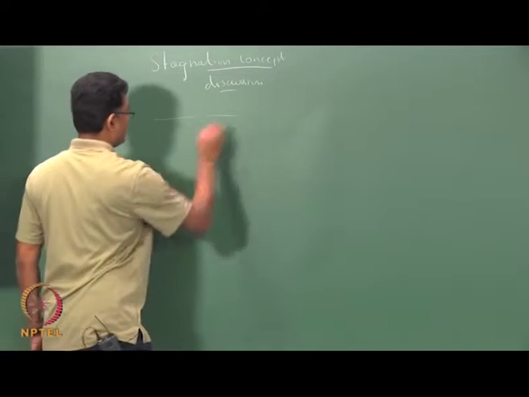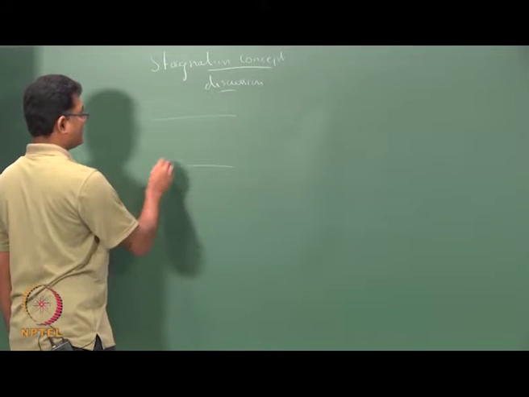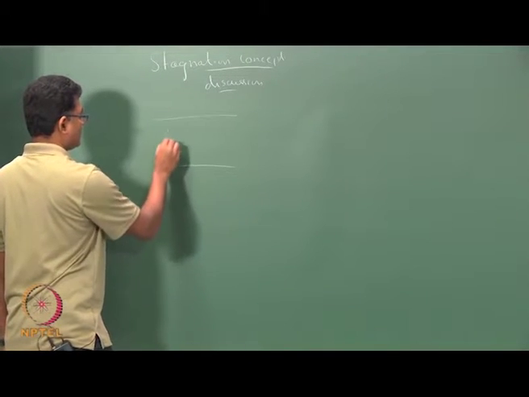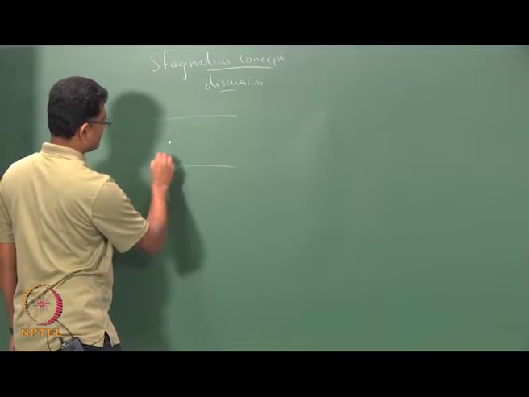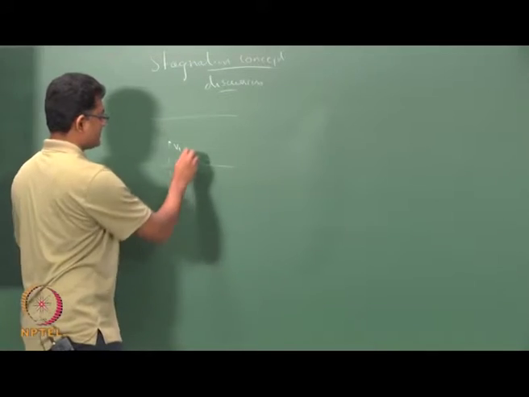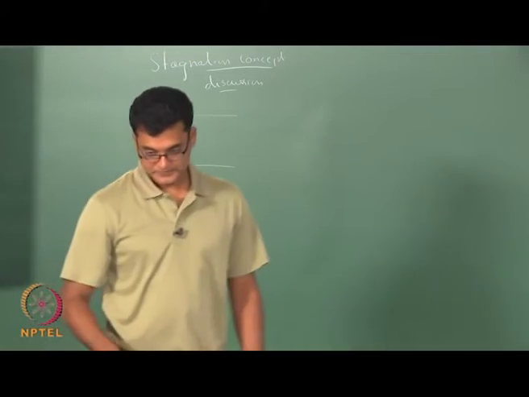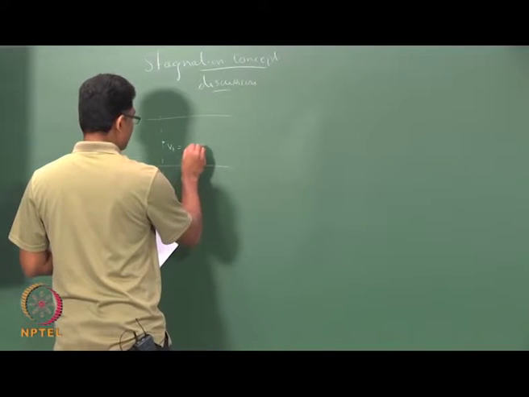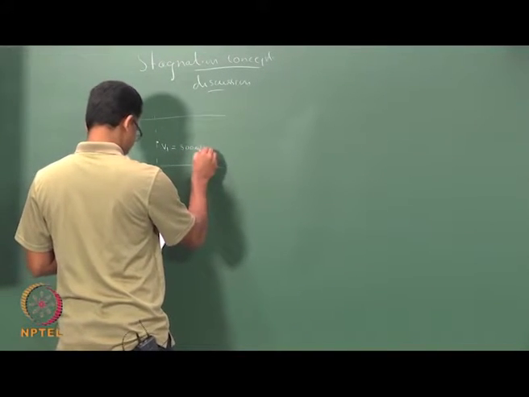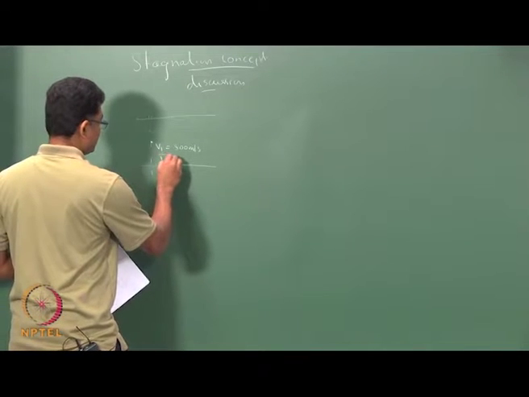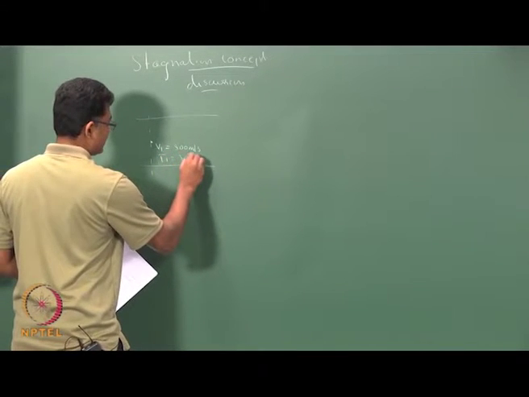So, if I have a duct, and at some cross section I have velocity V1, which is around 500 meters per second, and your T1 is 300 Kelvin.